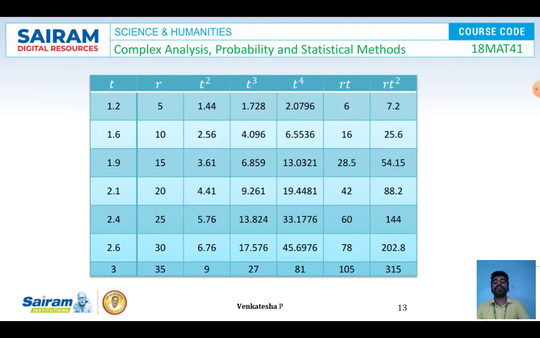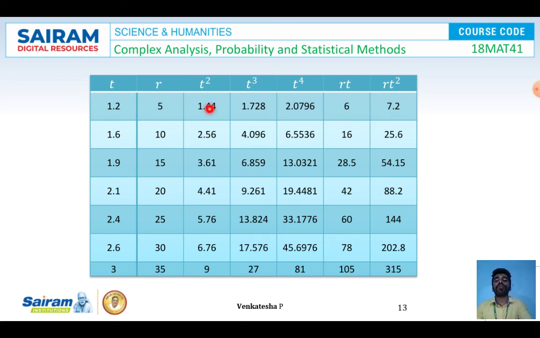So it is given by t, r, t square, t cube, t power 4, rt, rt square. T is given by 1.2, 1.6, 1.9, 2.1, 2.4, 2.6, 3. R is given by 5, 10, 15, 20, 25, 30 and 35. So t square will be obtained by squaring all t values.